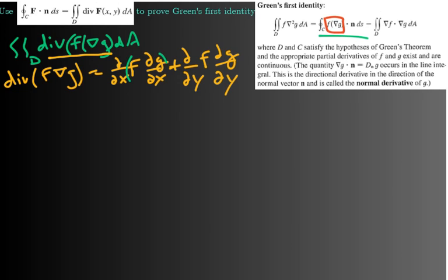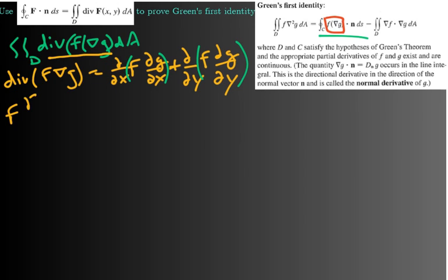Basically, I should probably put some parentheses in here. If I was going to do the partial of this with respect to x and this with respect to y, I would need to do the chain rule. So I'm going to just do the first function times the derivative of this with respect to x.